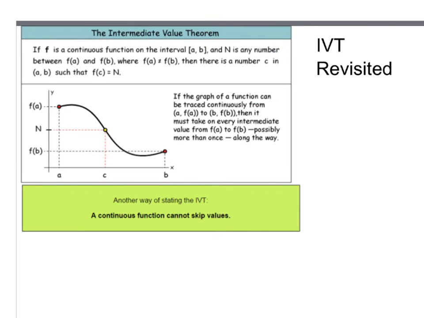So the intermediate value theorem we have gone over before. We've done a little bit with it, but we're going to take it even further and build on it, especially when we get to Rolle's theorem and the mean value theorem.